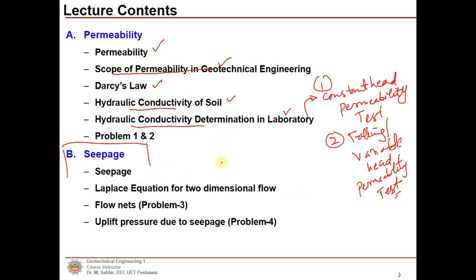Seepage, Laplace equation for two-dimensional flow, nets and problems related to the flow nets, uplift pressure due to seepage, or the problem number 4, will be discussed in our next video.